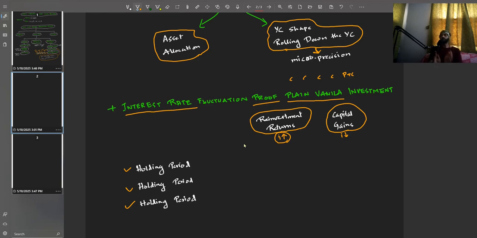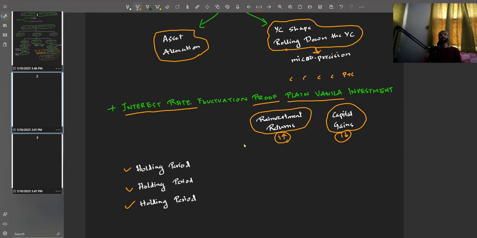Now, how much should be your holding period? We begin with this factor: how much should be your holding period so that you neither gain nor lose due to changing of interest rates, because you want to avoid volatility, right? Assuming you want to hedge your positions, what is the holding period required?